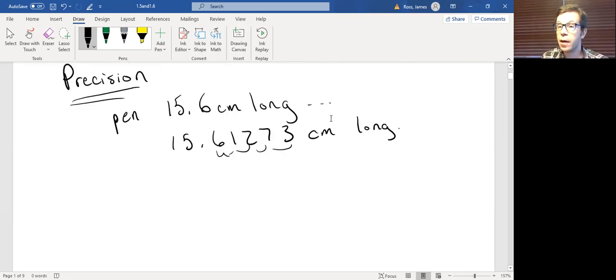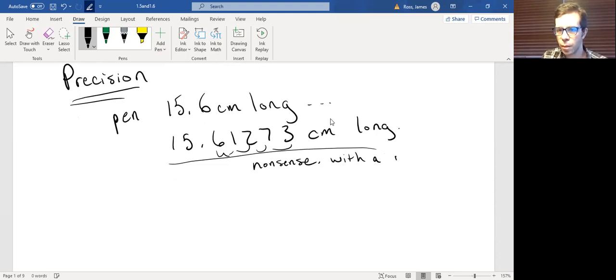If I get in my car and I drive to Lexington and I tell you down to the centimeter what my odometer reads, that's similarly nonsense. It's nonsense to say this with my ruler. But I could find a more precise instrument.